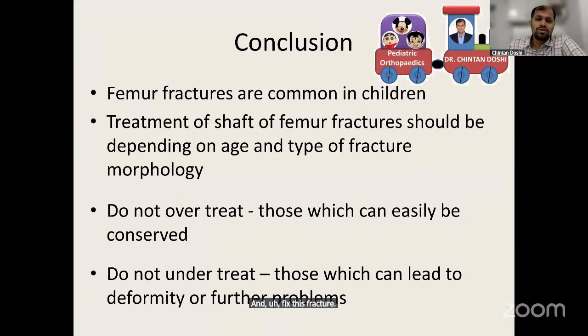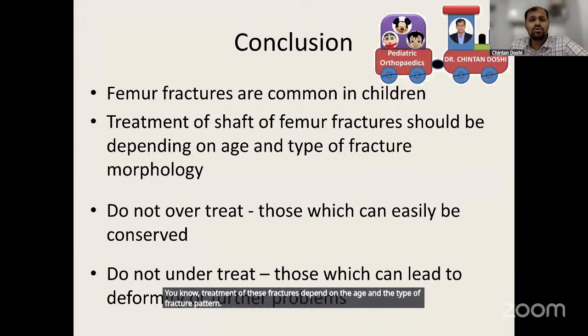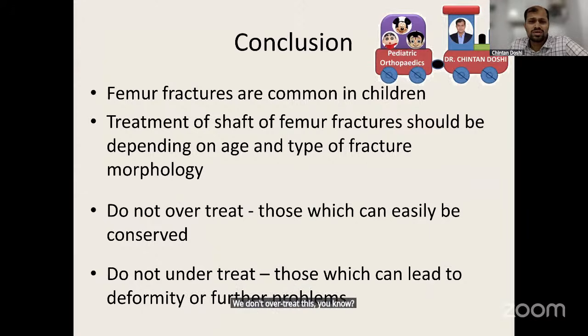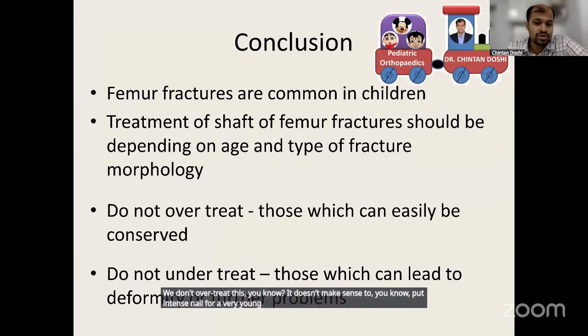Femur fractures are very common in children. Treatment of these fractures depends on the age and the type of fracture pattern. We don't over treat this, so it doesn't make sense to put a tens nail in a very young child of 2 or 3 years if it can be easily conserved. So do not over treat it.